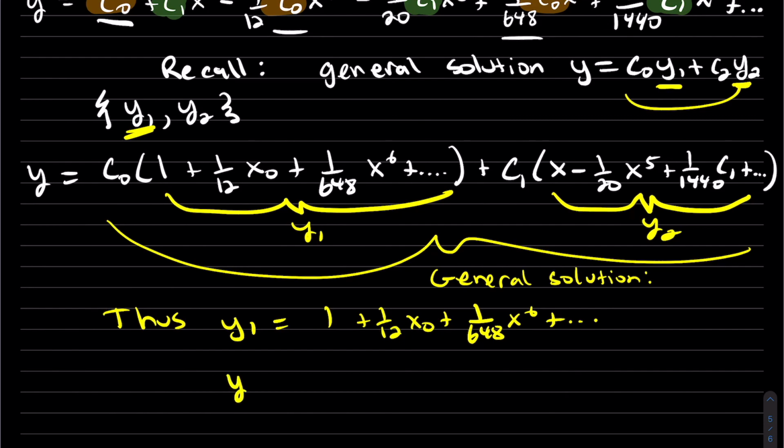And my second solution power series, I forgot, I wrote here C1, but I'm supposed to write x to the 9th. Back out the C1.